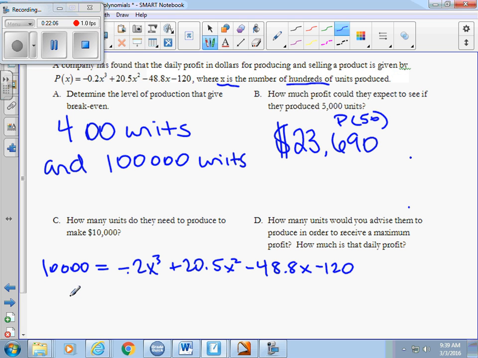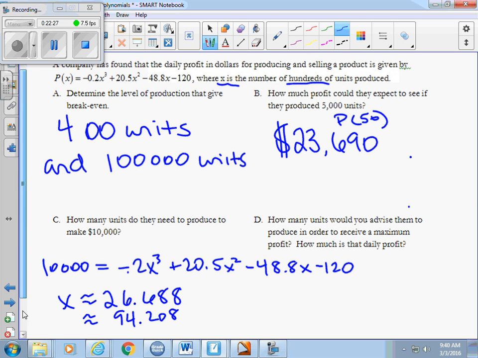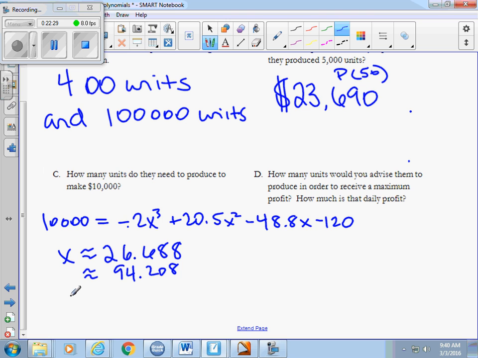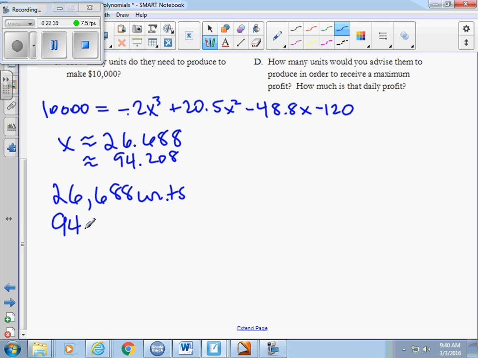Okay, so I got X to be 26.688. And I got X to be, what was the other one? If these are in hundreds, how many units? Maybe 26,688 units. And 94,208 units.